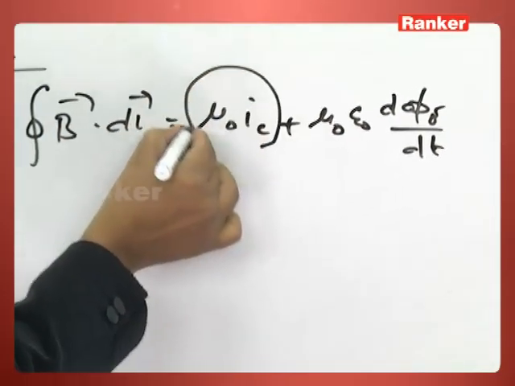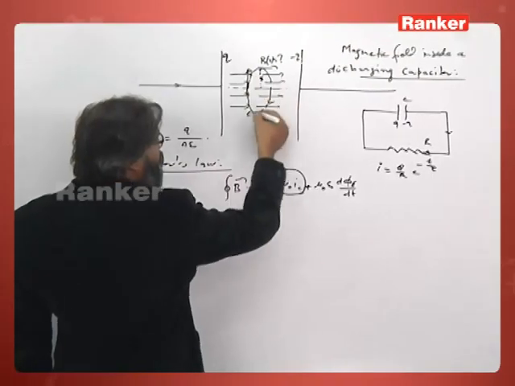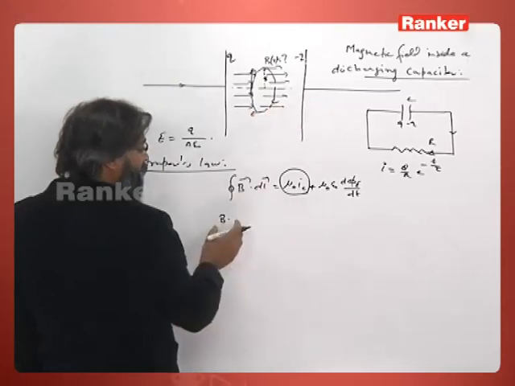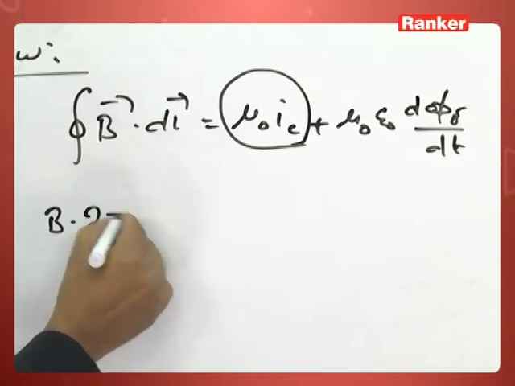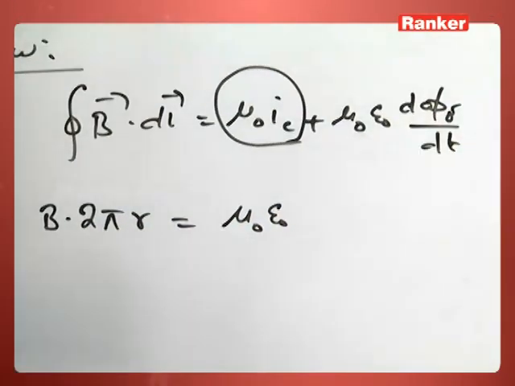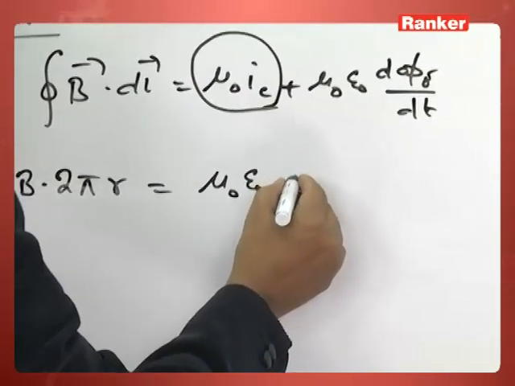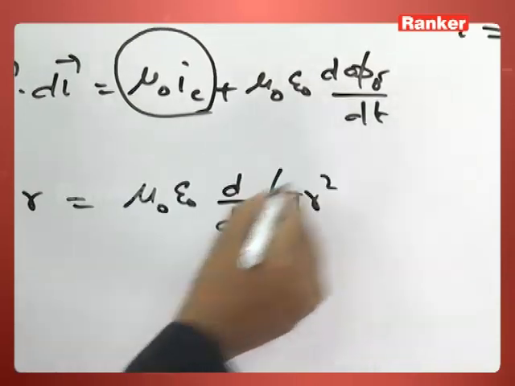Now the first quantity is going to be 0. B is what I am interested in. Due to symmetry, B is constant, so it comes out of the integral. The integral of dl means it is 2 pi r, and this is mu naught epsilon naught d phi_E by dt. The flux is the electric field times pi r squared, and this is constant.